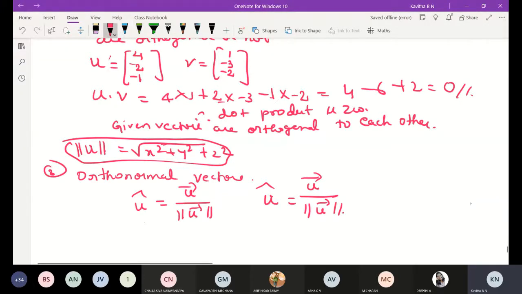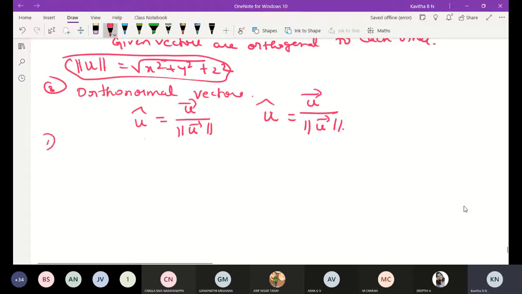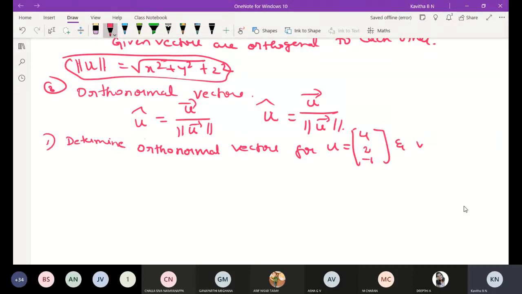Take this simple problem. Determine the orthonormal vector for u is equal to 4, 2, minus 1 and v is equal to 1, minus 3, minus 2.